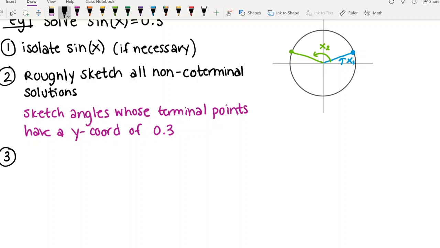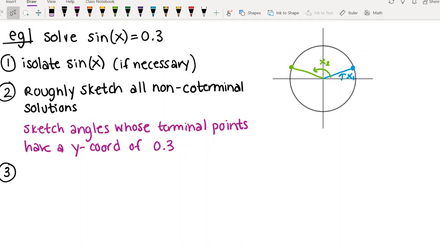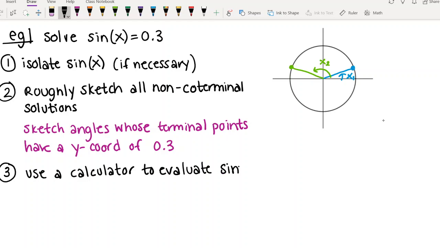So the next step is we're going to actually use a calculator. How can we find an example of an angle such that sine of that angle is 0.3? Well, we can do inverse sine. So we're going to use a calculator to evaluate inverse sine of 0.3. We'll do that in a second.